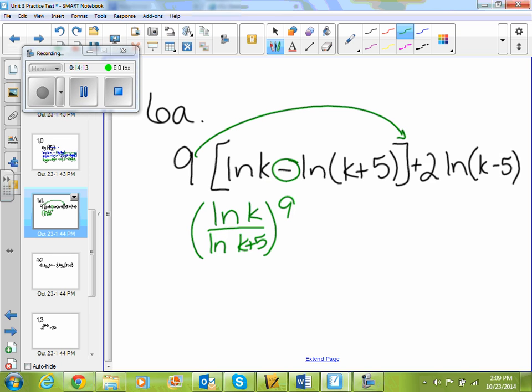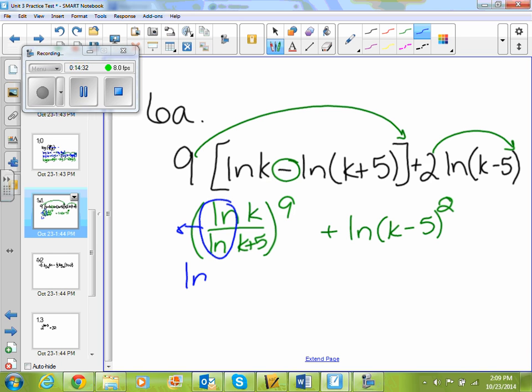And I'm going to do the same thing here, just roll this 2 up. So plus natural log of k minus 5 to the 2nd power. Okay, so I'm going to pull these natural logs out front. So I know I'm going to have natural log of k to the 9th divided by k plus 5 to the 9th. I distributed that 9 to both of them.